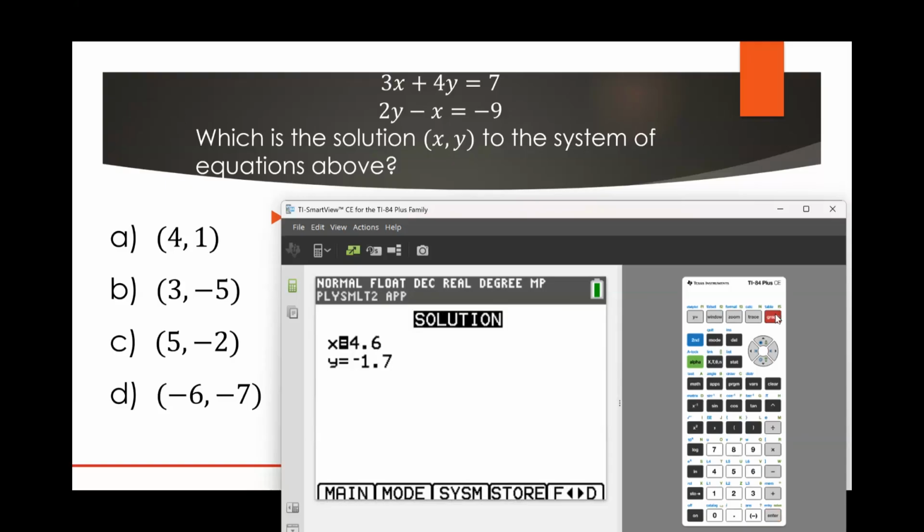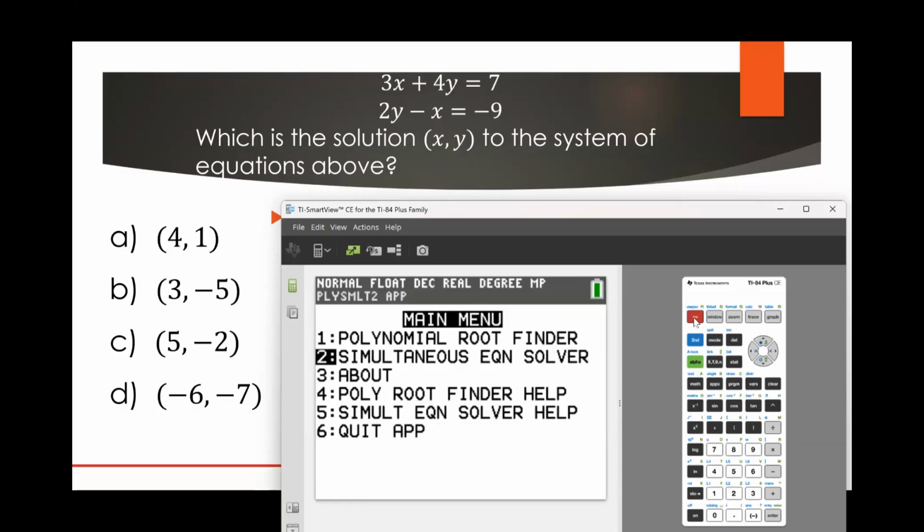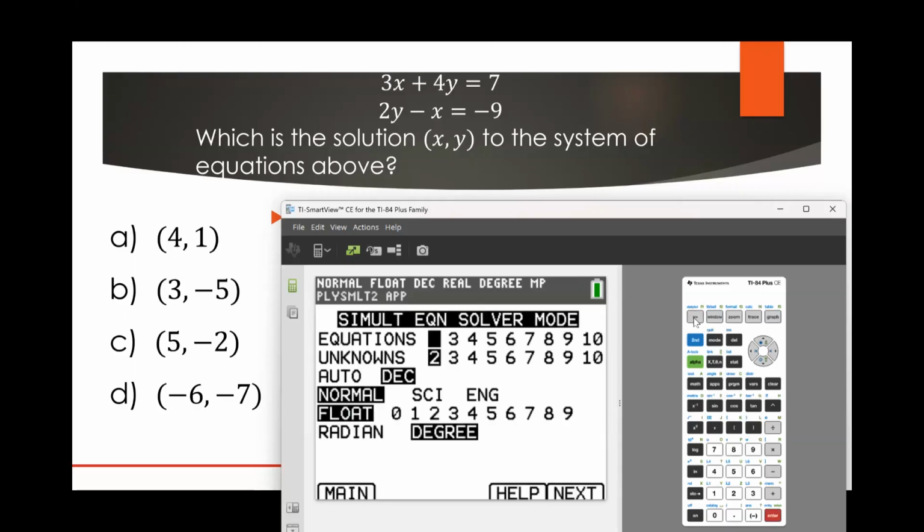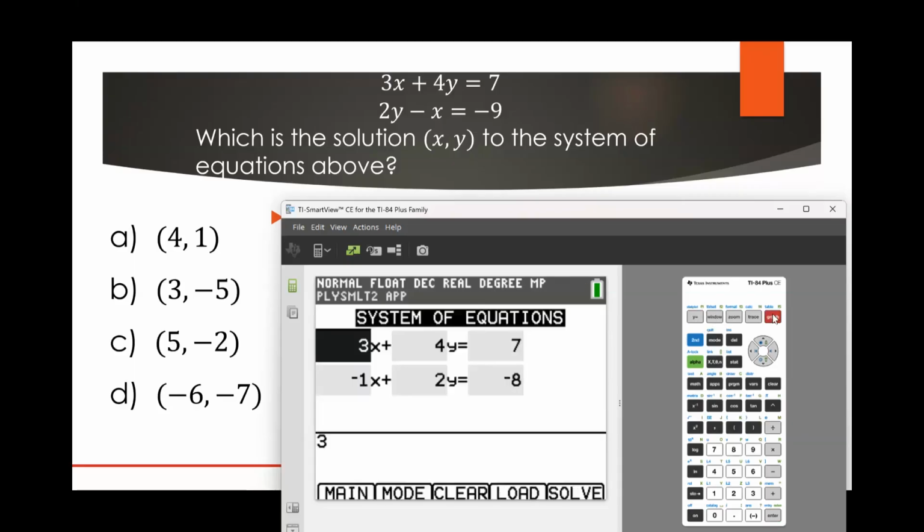And when we solve it out, we get a, boy, maybe I typed something in wrong, Scott. That doesn't seem right, does it? Let's go back to main. Simultaneous equation solver, graph, 3x plus 4y equals, oh, I see it.